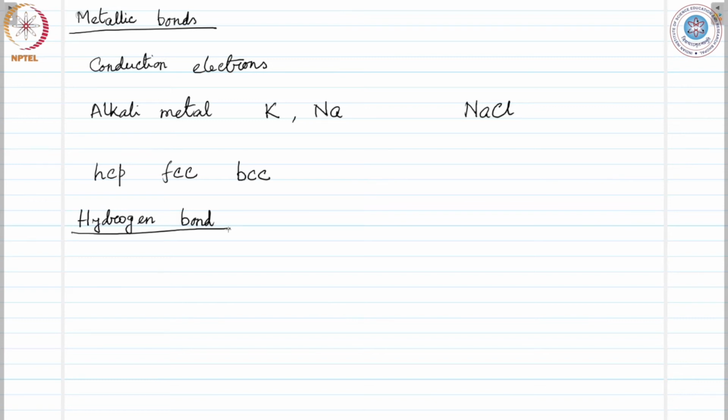Now, hydrogen bond is largely ionic in character, and that is formed when hydrogen comes in contact with electronegative systems.